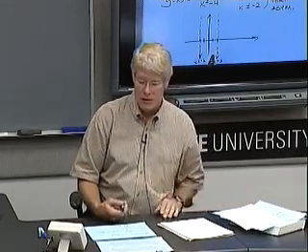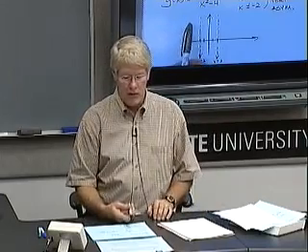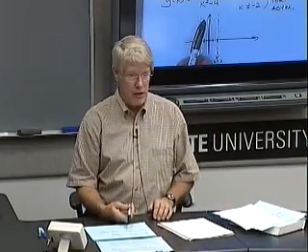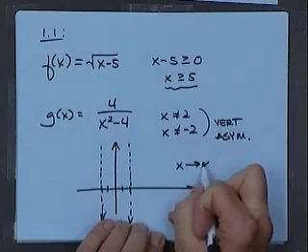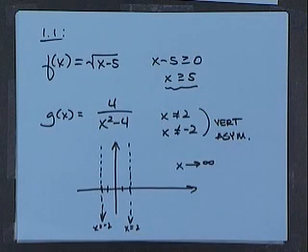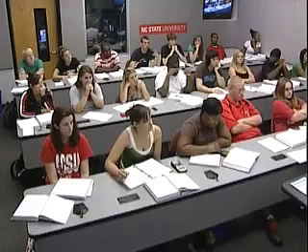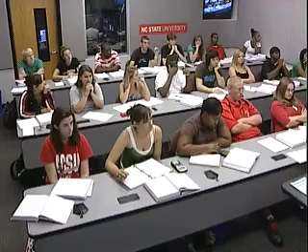That would work. Another way is to see what happens as x gets infinitely large in this function. Can you picture that? You keep putting larger and larger and larger values in for x. What happens to the y values on this function? As x gets bigger, you're making the number on the bottom larger, so it's dividing 4 by a larger number, so it's approaching 0.